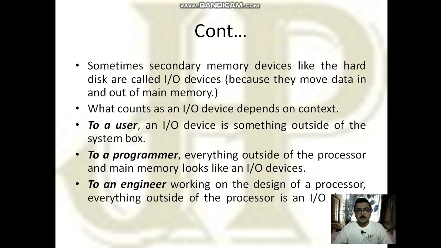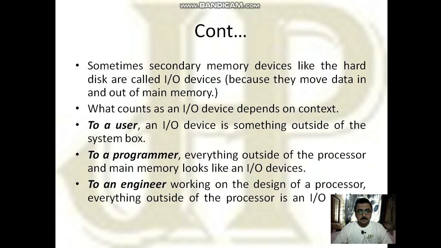Now, there can be a different perception about the I/O devices based on the use and user. For a user, an I/O device is something outside of the system box.